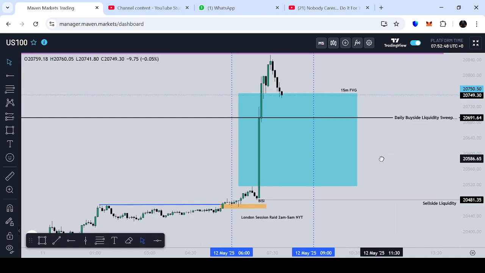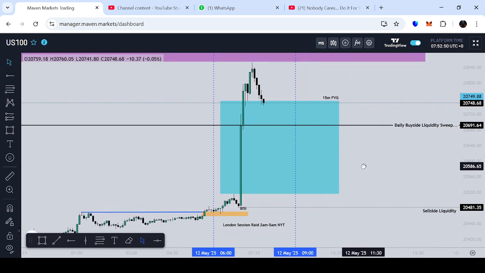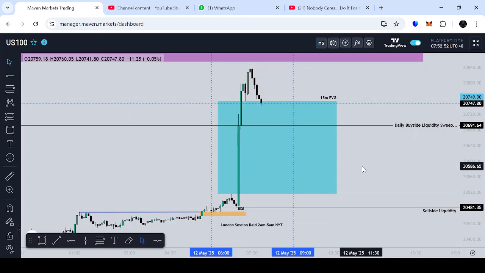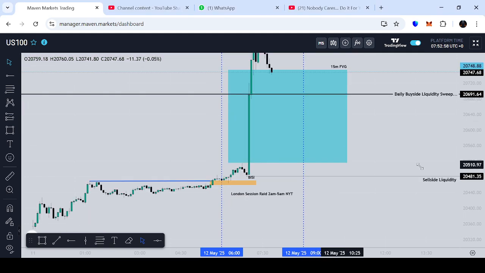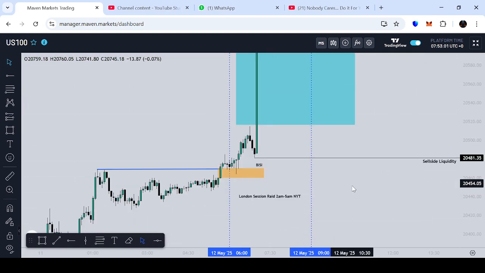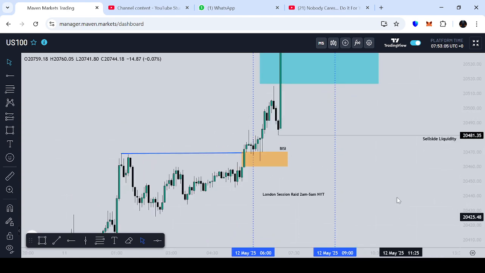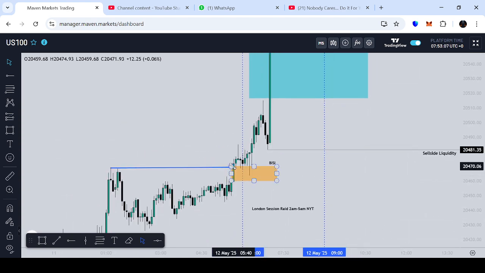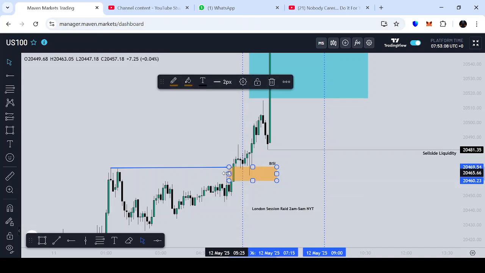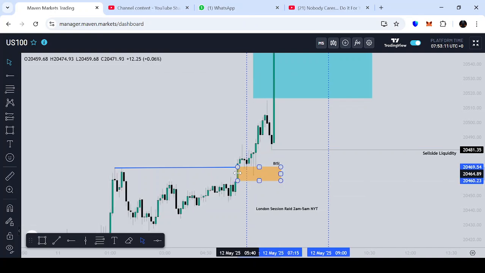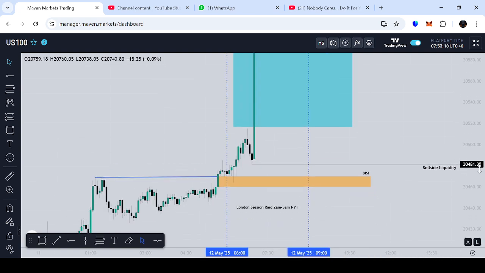Daily buy side liquidity swept. Extend it for future price action.